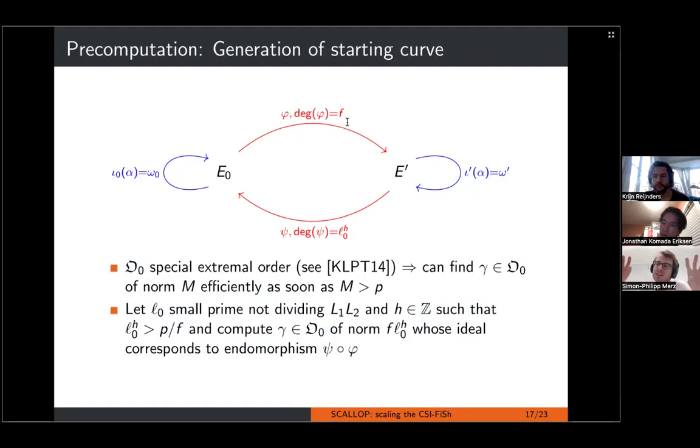If F was a bit larger than P, then we could do that because of this special property of O0. And what we use this L0 for is to increase F by a bit more so that it is larger than P, which then we can find efficiently an element in O0, so in the imaginary quadratic order attached to E0.